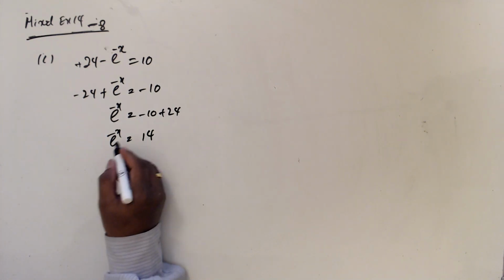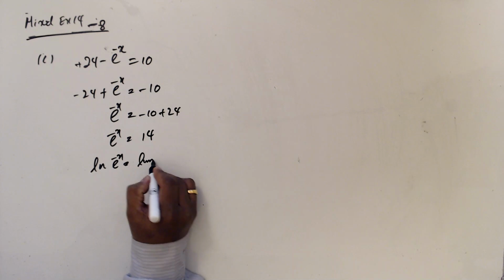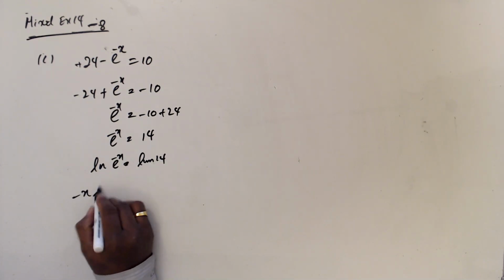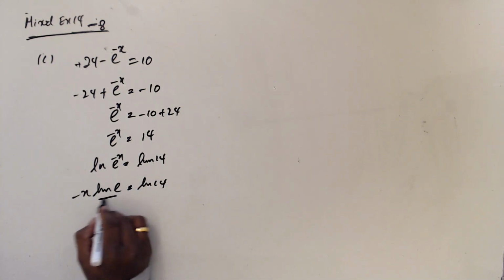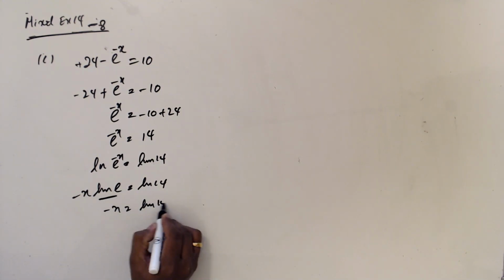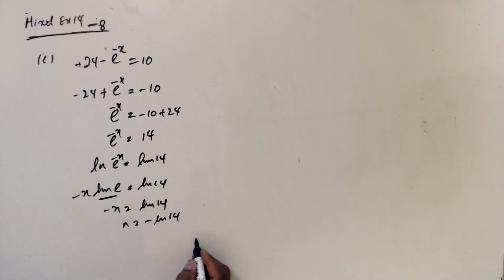Now let's take the inverse. We take ln of e^minus x equal ln 14. Minus x is here. So ln e equal ln 14. This becomes 1. So minus x equal ln 14. x equal minus ln 14.